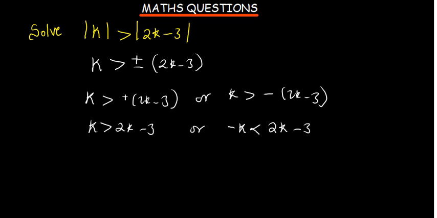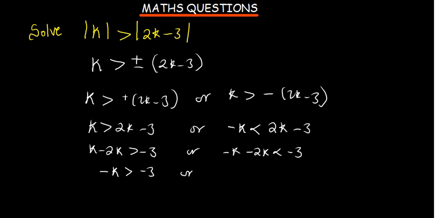I'm going to take the 2k the other side, so that will be k minus 2k greater than negative 3. I'll also take the 2k the other side, that will be less than negative 3. Then k minus 2k, that's negative k, which is greater than negative 3.